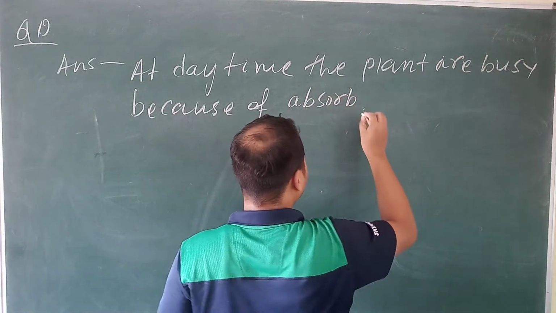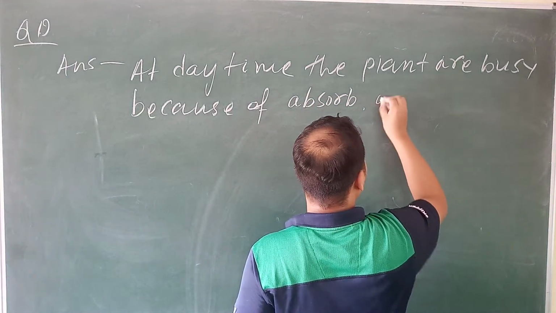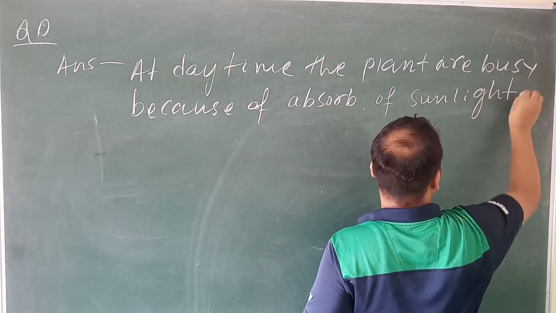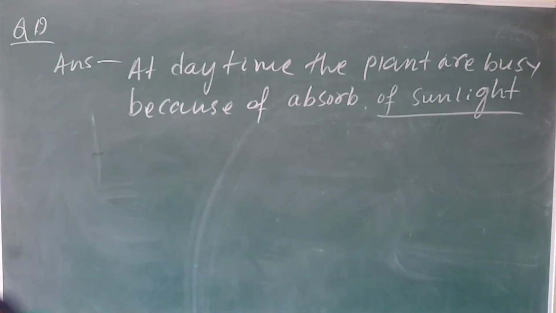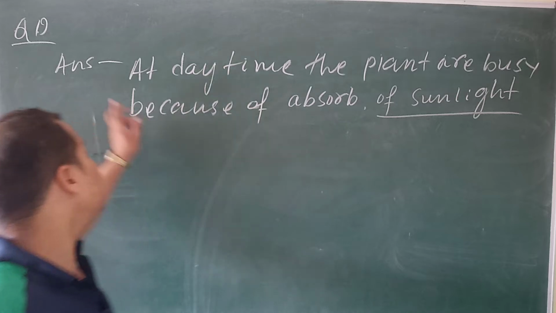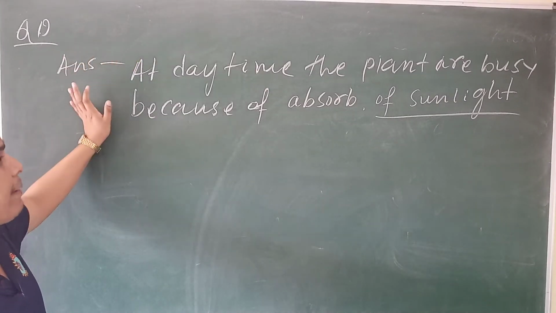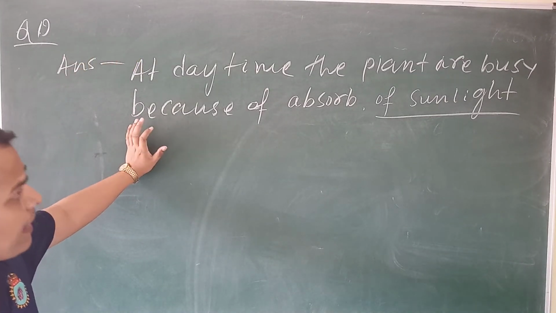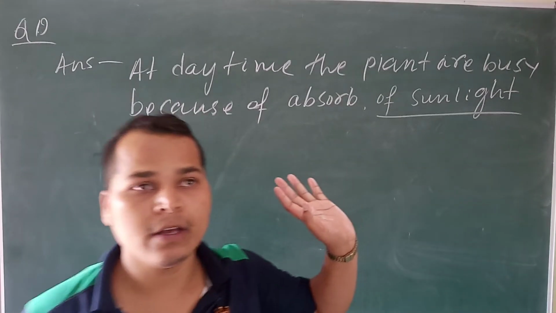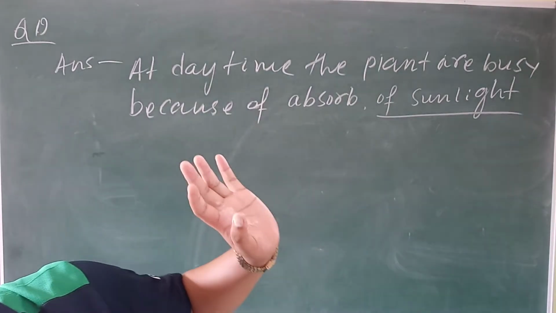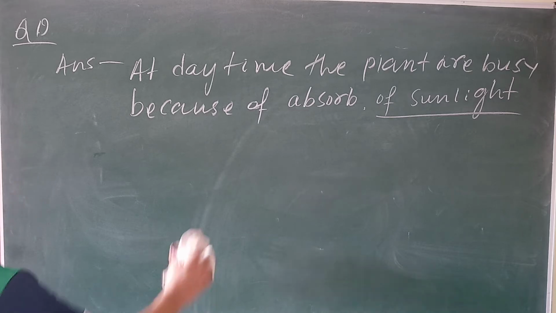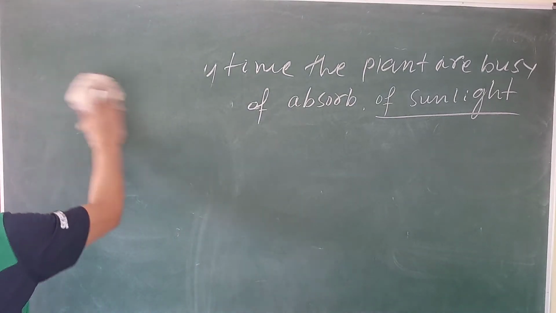Absorb means trap, absorb sunlight. It is your duty to write the question; I am only writing the answer. So at daytime the plants are busy because of absorbing sunlight. The question only asks what time, so you only have to write daytime. So this is our question number one, which has four questions.